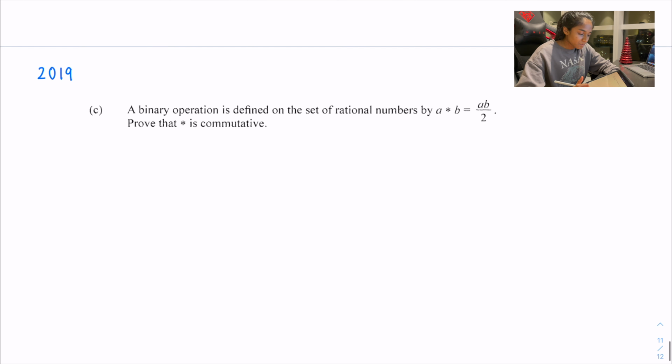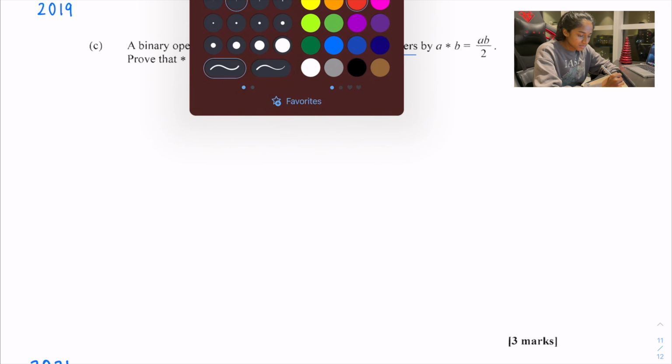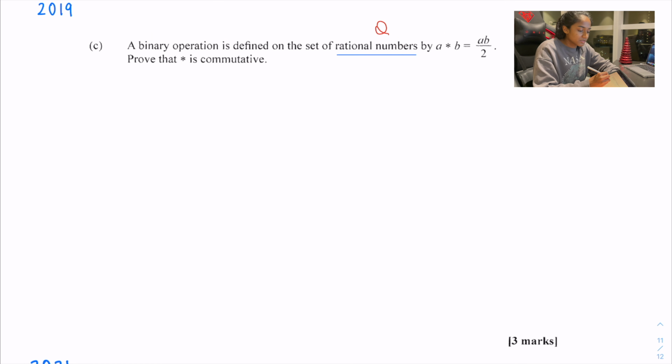Right. A binary operation is defined in a set of rational numbers by A star B is equal to AB on 2. Rational numbers. You guys should remember the symbol for rational numbers is Q. So it's saying that A and B are elements of rational numbers, right?